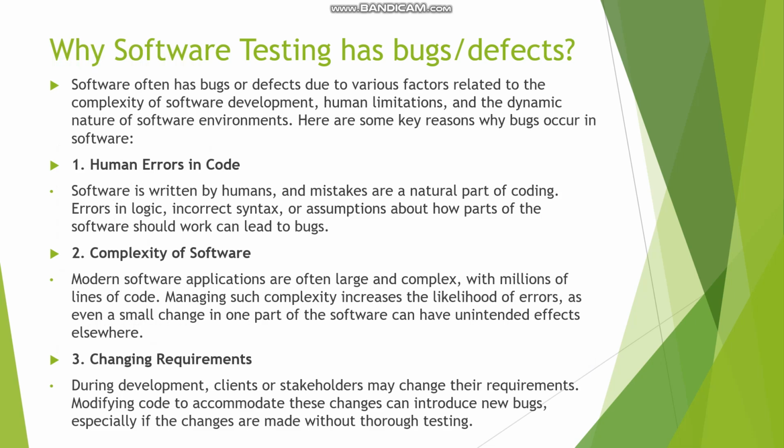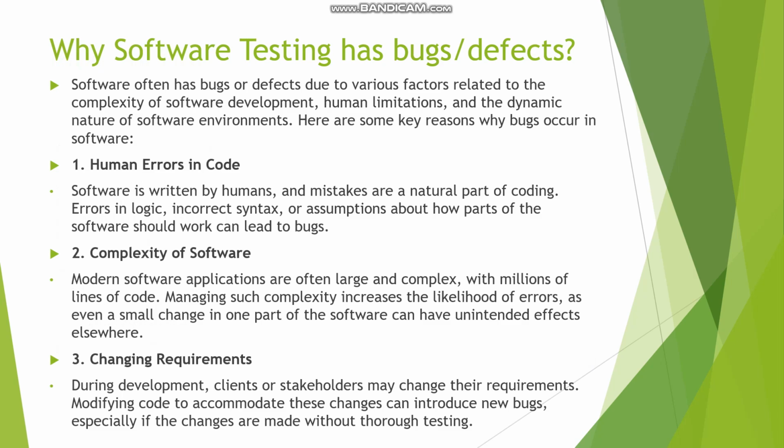Human errors in code. The software is written by humans, right? Mistakes are a natural part of coding. Errors in logic, incorrect syntax, or assumptions about how parts of the software should work can lead to bugs. So human error is one of the reasons.